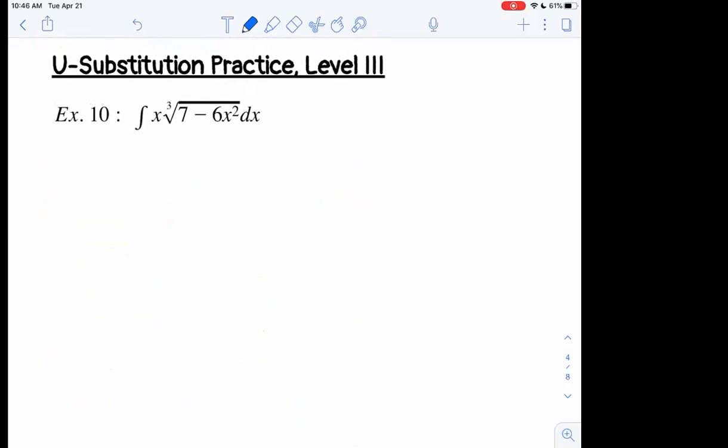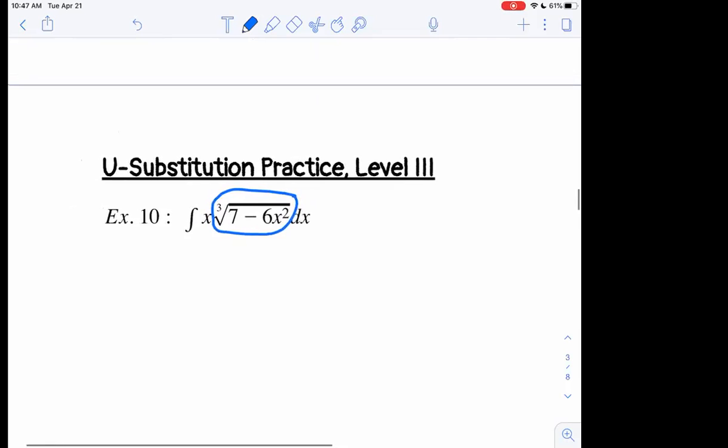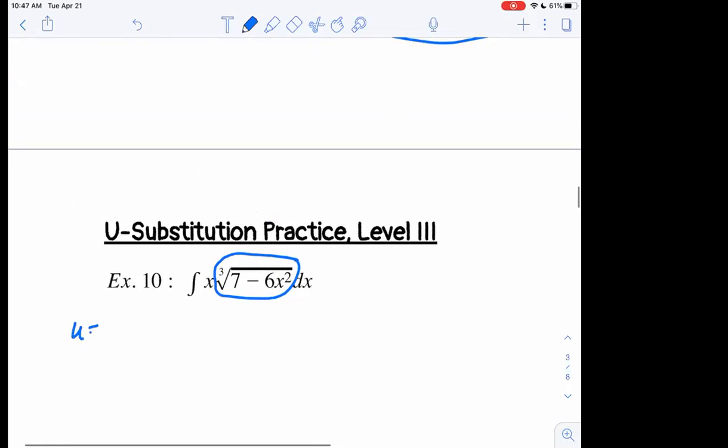To be really clear here, this is x times the cube root of 7 minus 6x squared. So it's not x cubed, but the cube root of the thing underneath there. Based on that, what are people's thoughts for our u for number 10? The 7 minus 6x squared?